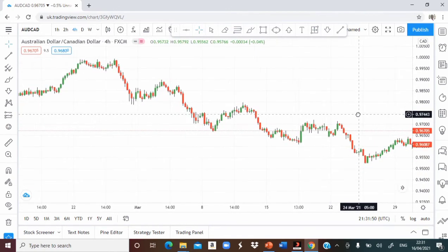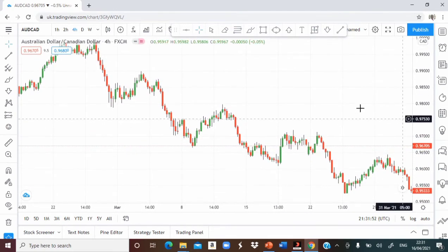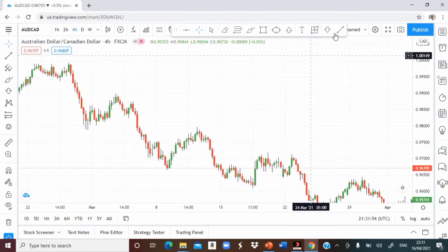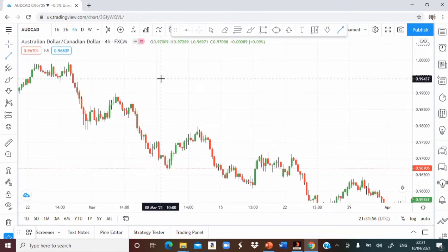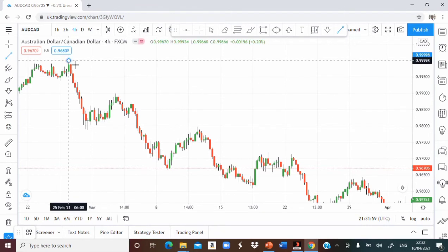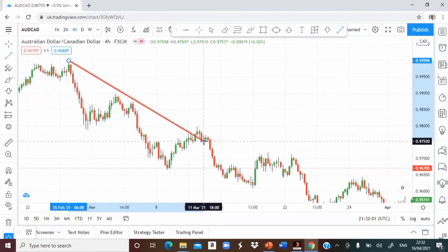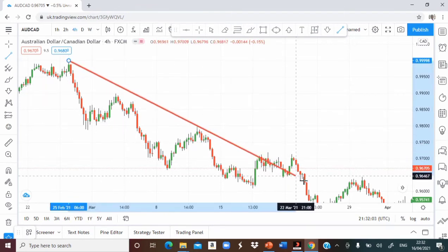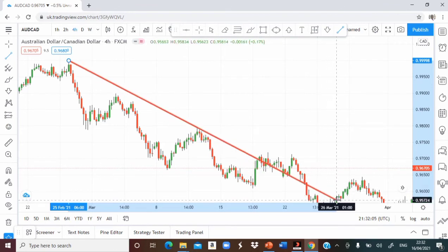So let's use 4 hours to also draw this trend line. Connect. This is the first touch. Connect with the second one.